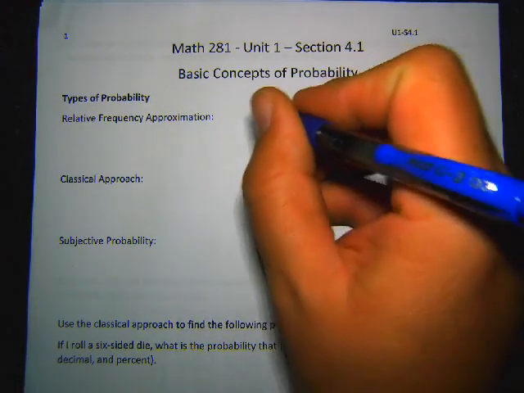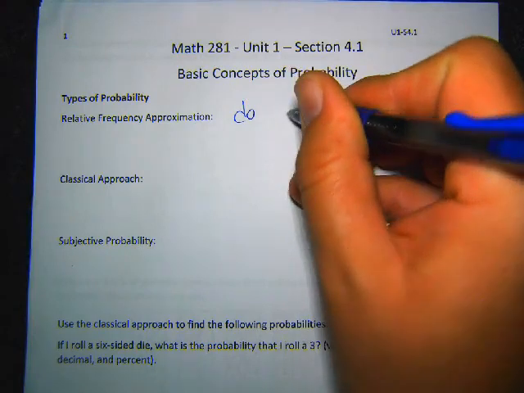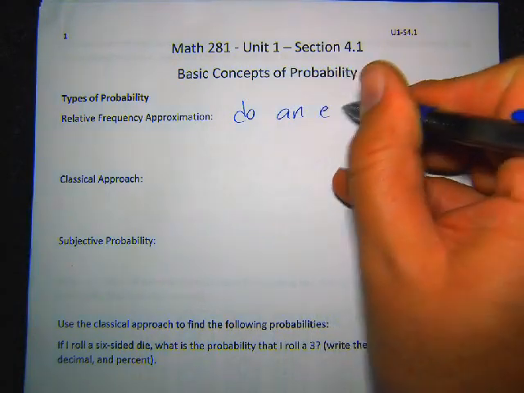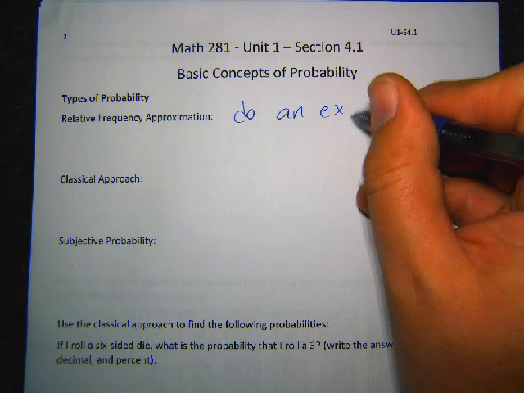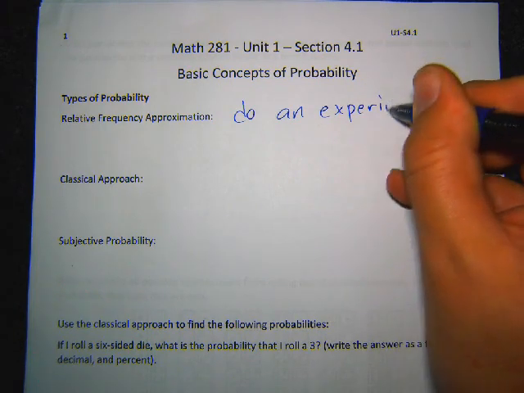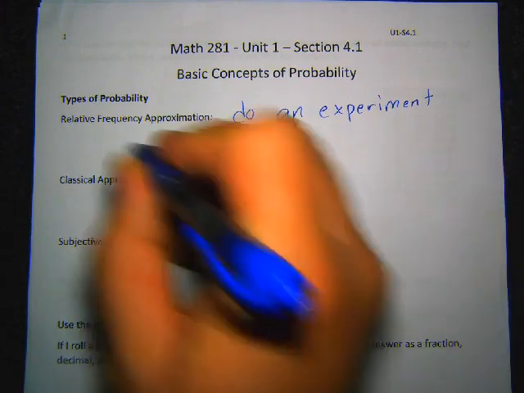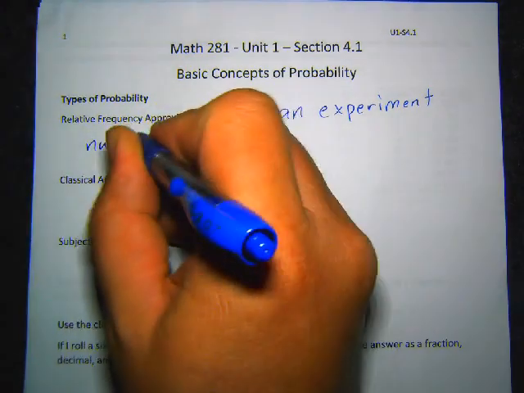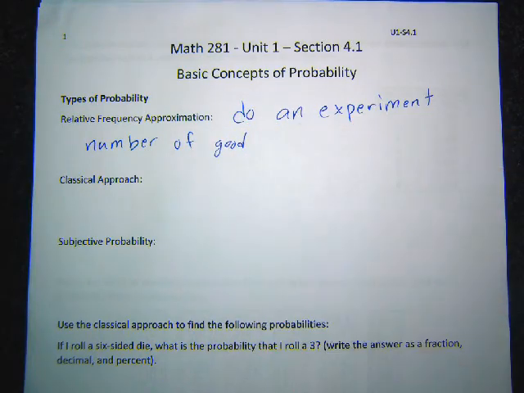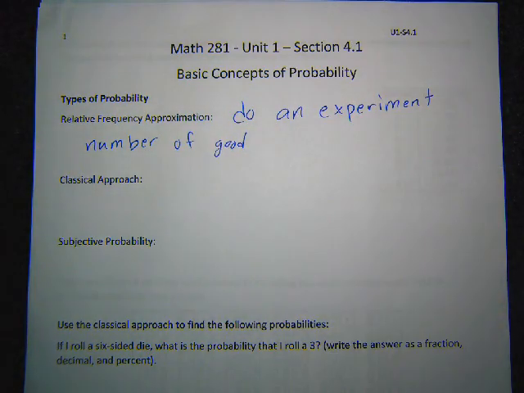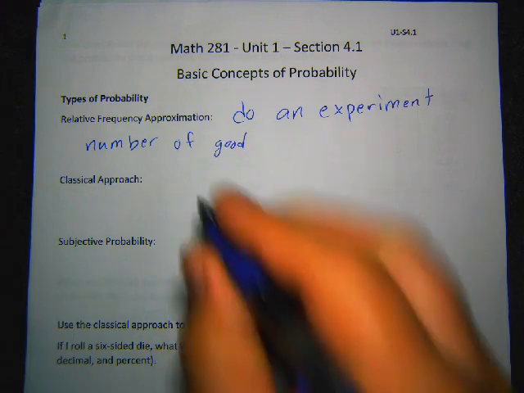So we do an experiment. Like when you roll a die or draw cards from a deck, if you actually sit there and actually do it, and then we calculate the probability, we look for the number of good results, what you're looking for. So if I'm rolling a die and trying to get a 4, every time it comes up a 4, that would be a good result.